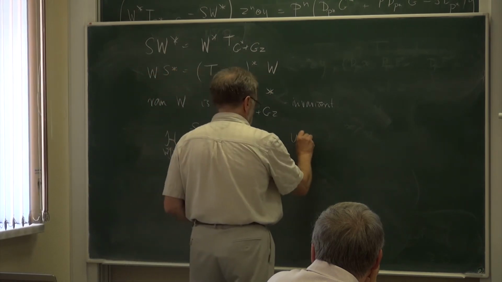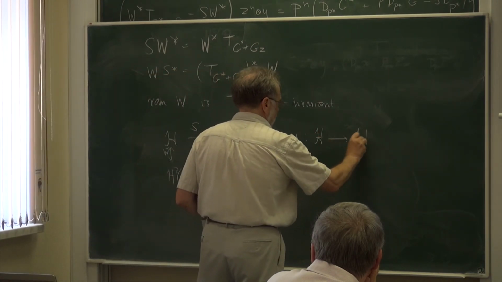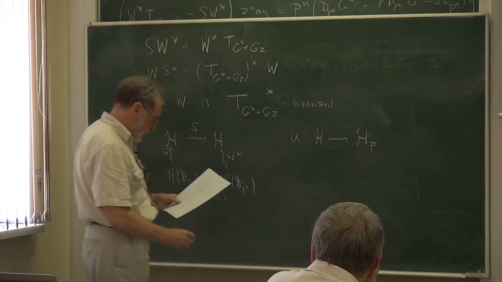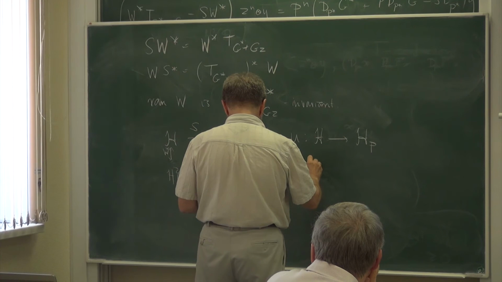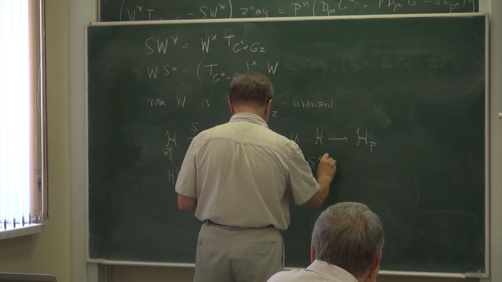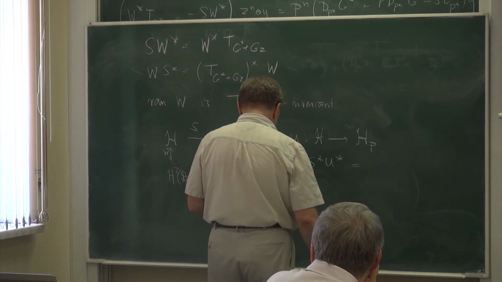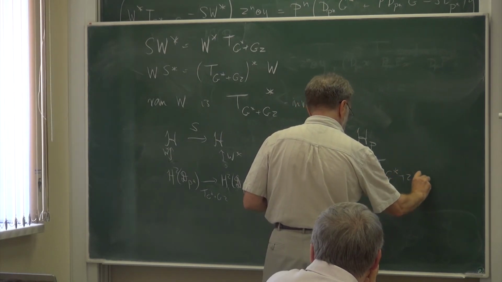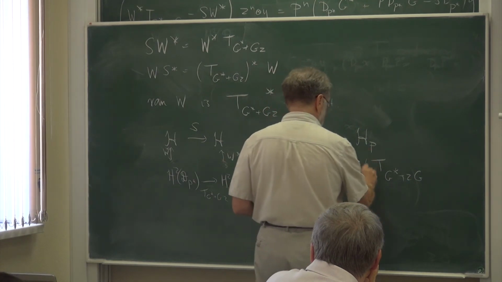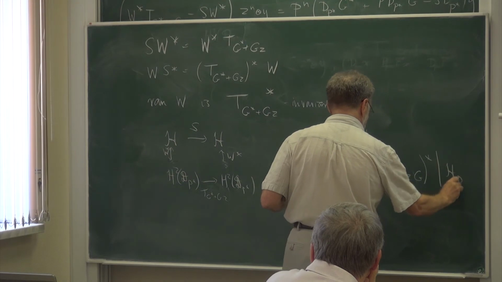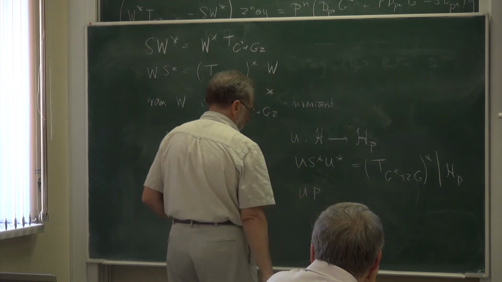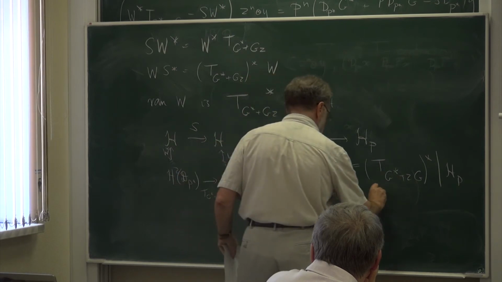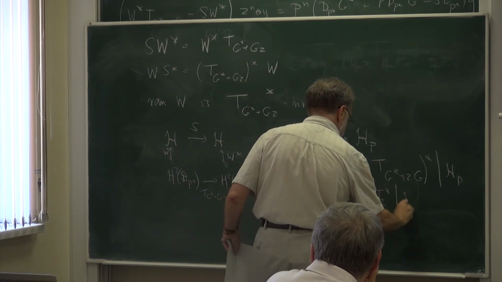So if you define U from H into HP, this model space, then you get that U S star U star is the, and we already have from the previous construction of the Nagy-Foias model that UP star U star is just TZ star restricted to HP.